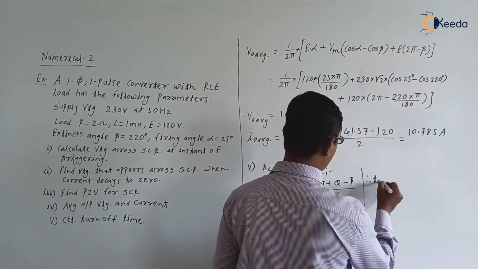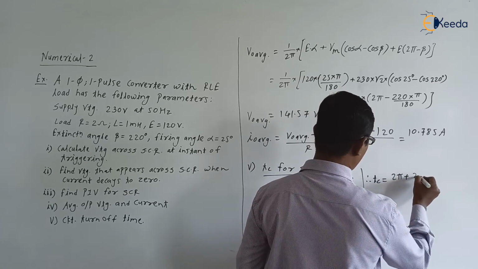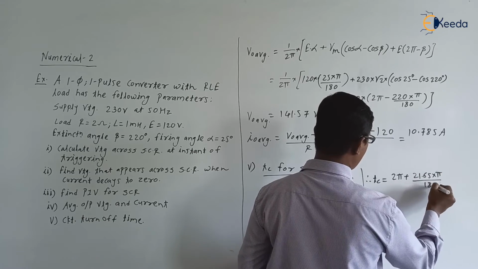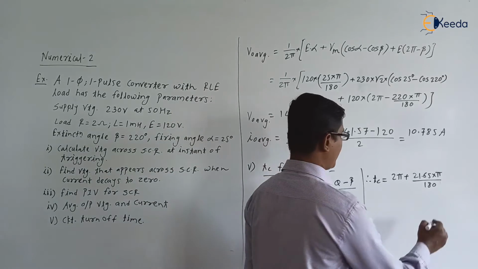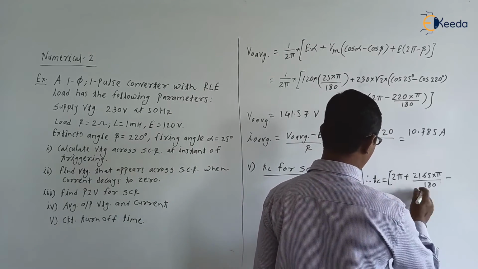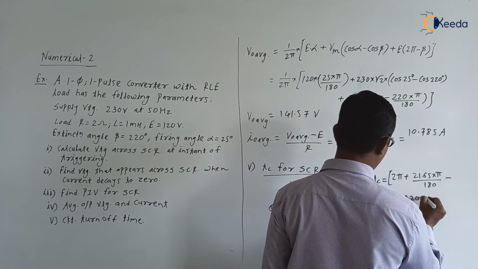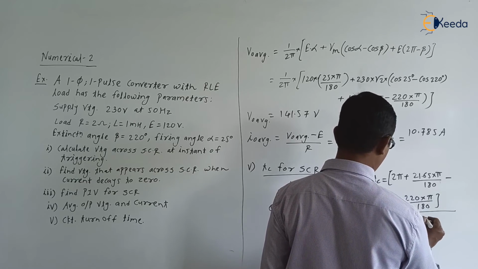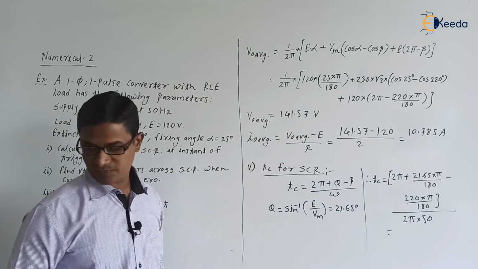Now if you put this theta here, can we find TC? So TC is equal to 2 pi plus theta, theta is 21.65 into pi by 180. I am converting it into the radian equivalent. Minus beta, beta is 220 into pi by 180, divided by omega, that is 2 pi into f, the supply frequency, which is 50 hertz.